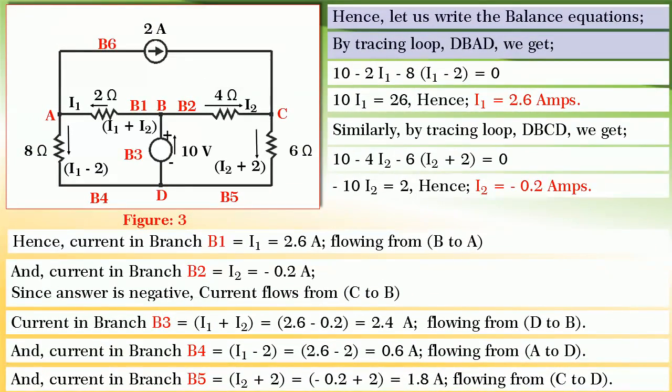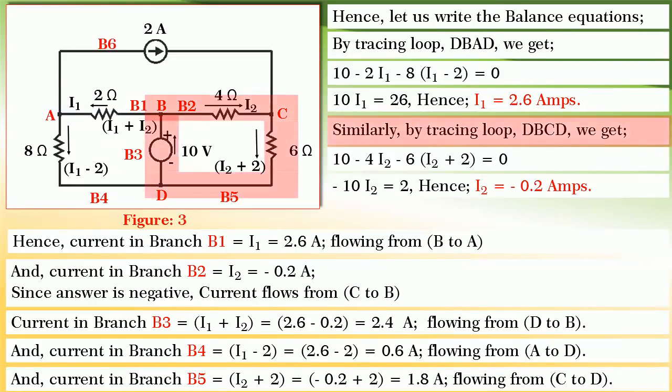Now, by tracing the loop DBAD and writing the voltage equation, we get 10 minus 2I1 minus 8I1 minus 2 is equal to 0, from which we get 10I1 is equal to 26 and I1 is equal to 2.6 amperes.